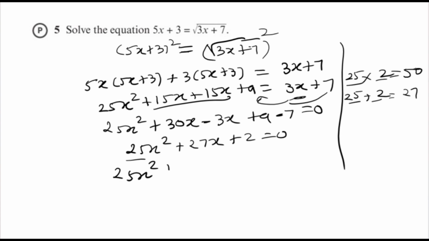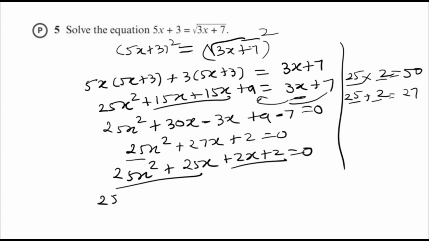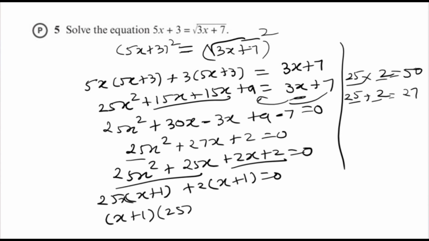So 25x squared plus 25x plus 2x plus 2 equal to 0. Make a group of 2. 25 common, x plus 1. 2 common, x plus 1 equal to 0. We already learned this in the first topic. Now x plus 1 is a common factor and 25x plus 2 is the other factor.